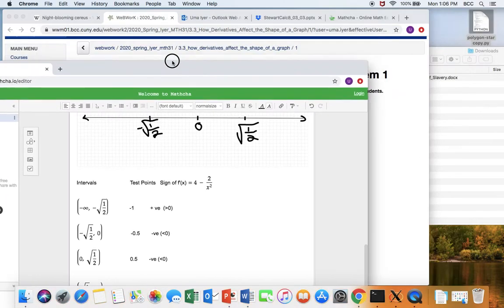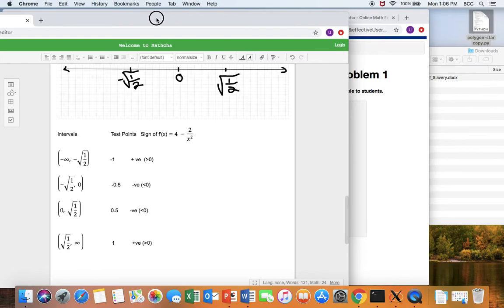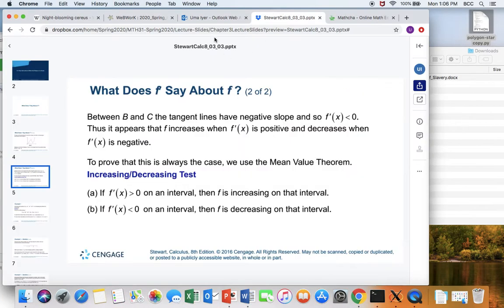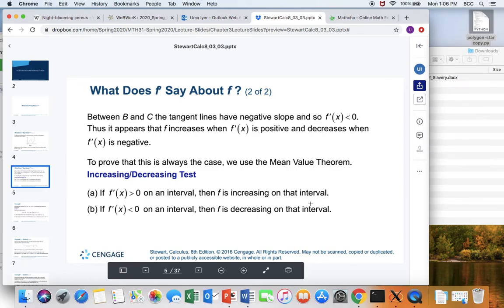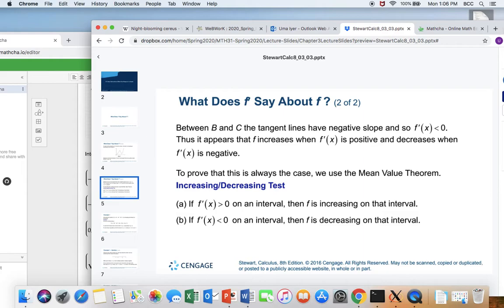Now go back to your lecture slides. Remind yourself what this is. If f prime is positive, then f is increasing. If f prime is negative, so only the sign of f prime tells you whether f is increasing or decreasing.